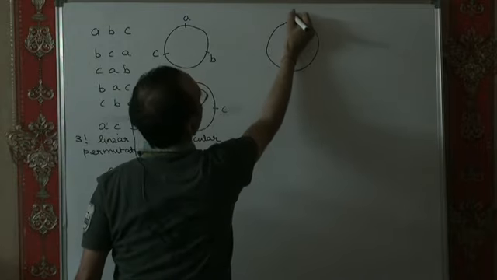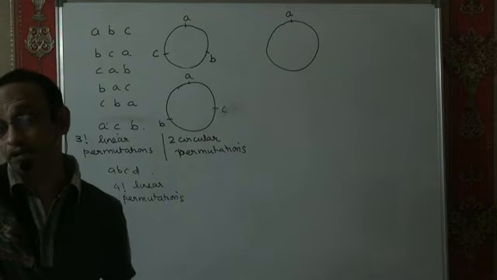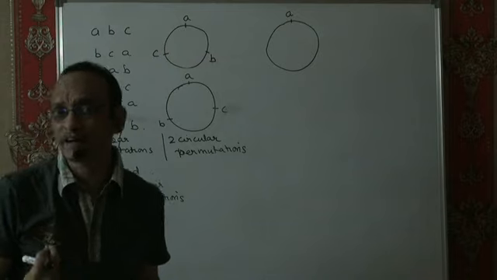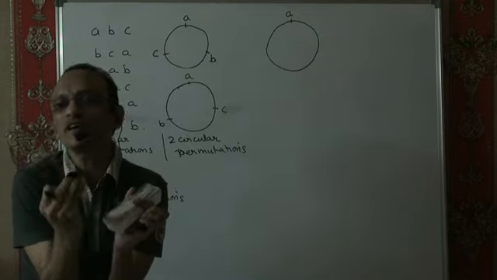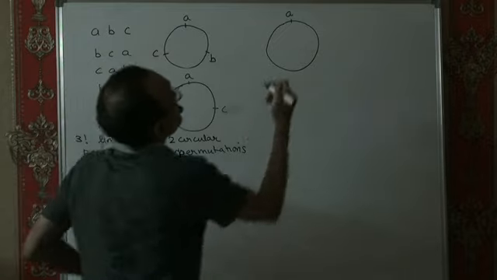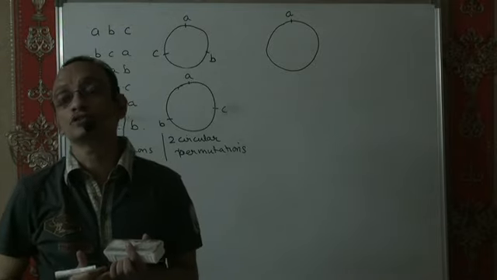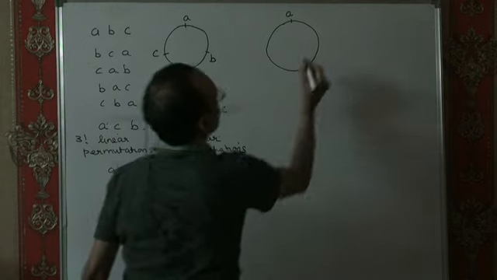There is only one way I could have fixed A. And then this becomes my reference point. When the circle is blank, there is only one way you could have placed A. And with respect to this point, now it becomes relevant to position B, C and D.